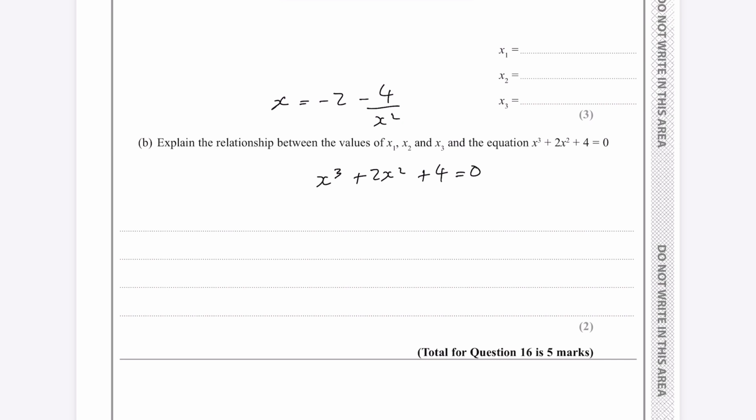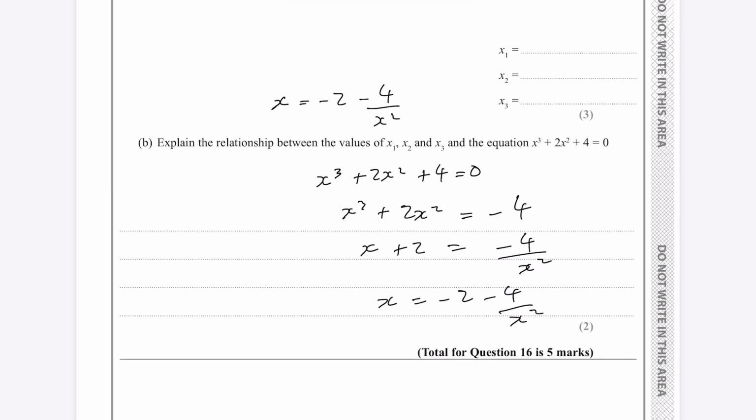It's asking for the relationship, so let's see if we can get this to look a little bit like that. If I move the 4 over, that's x cubed plus 2x squared equals minus 4. If I divide each side by x squared, because I can see the denominator there is x squared, that'll be x plus 2 equals minus 4 over x squared. If I move the 2 over, that's minus 2 minus 4 over x squared.